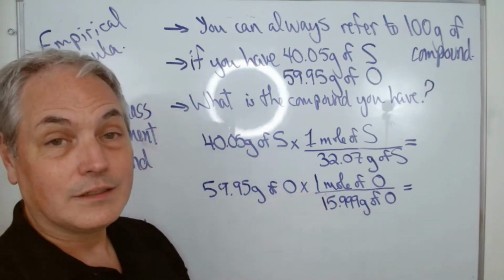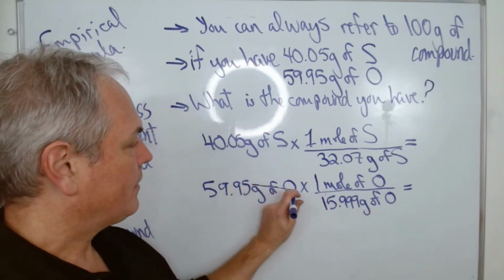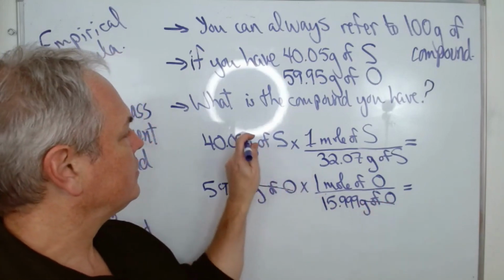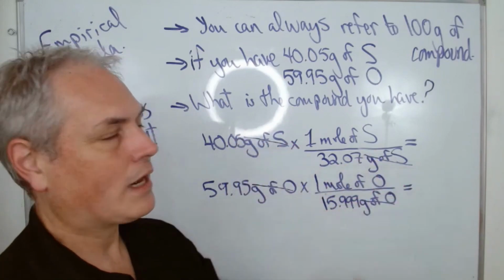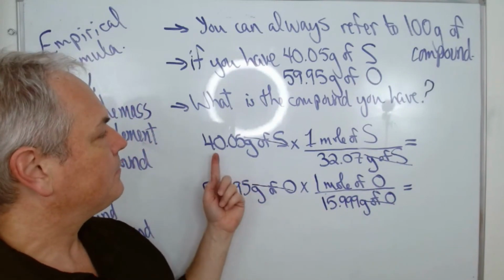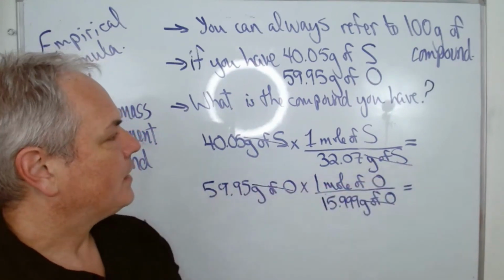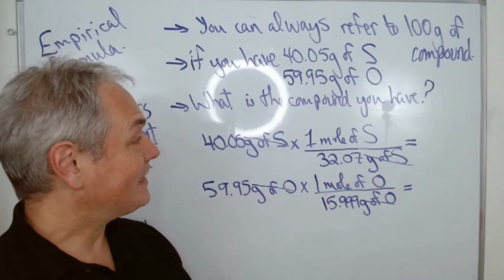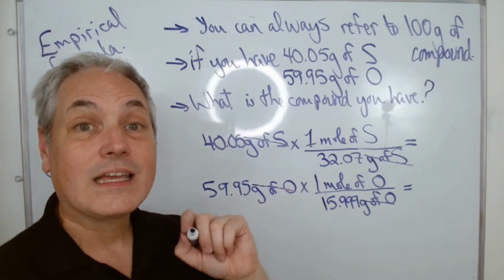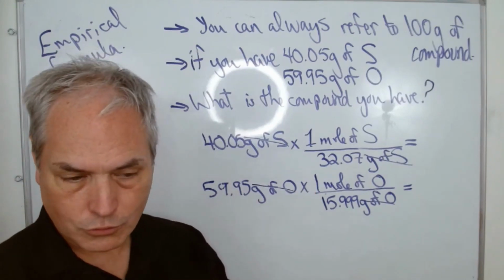So by elimination, we have grams of oxygen, grams of oxygen, grams of sulfur, grams of sulfur. So I'll be able to know how many moles of each of these elements I have. Let's do the calculation.